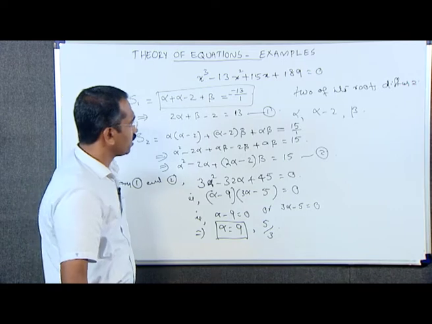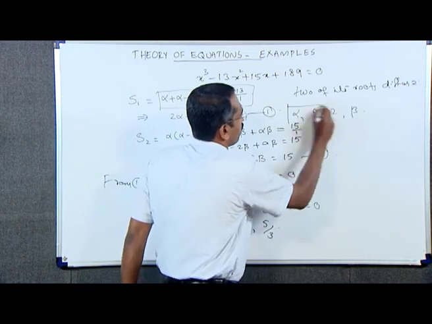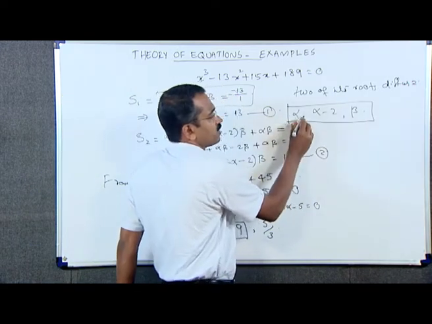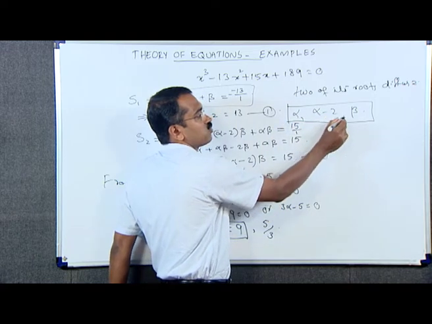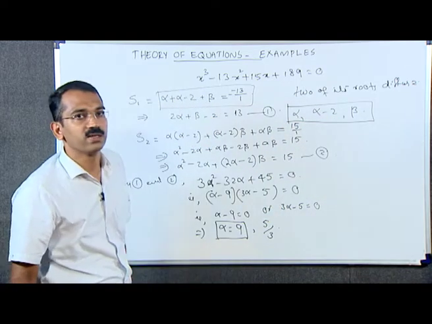Hence, the required roots are, we have taken the roots as alpha, alpha minus 2 and beta.